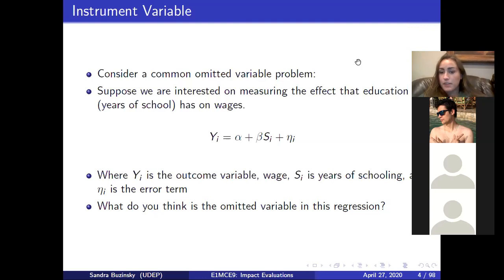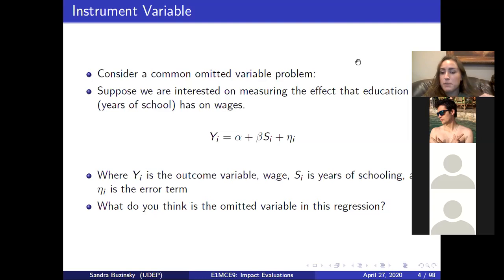Because ability is unobservable. So how can we quantify what ability is when we can't see it? It's probably the case that people with higher ability are able to obtain more years of education, and they're also able to go out into the labor force and earn a higher wage just because they're more productive.